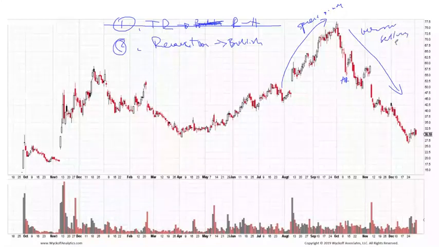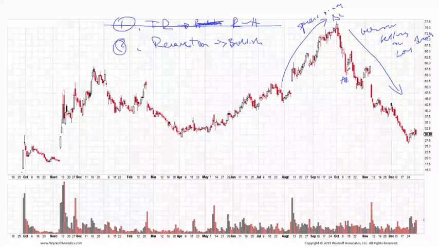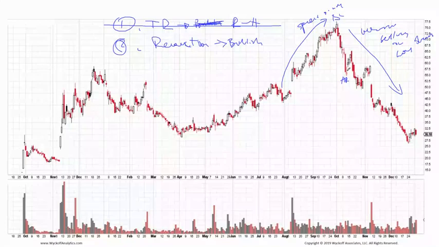Urgent selling on the way down. Okay. So you said something about the automatic reaction. What about it? Well, it resumed, and then we have a big spread down. So that's showing continuation. And how would you even label this?